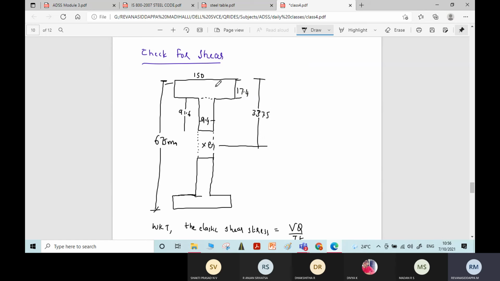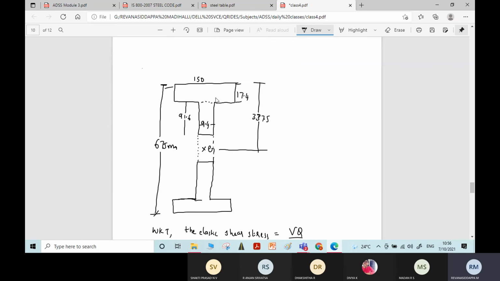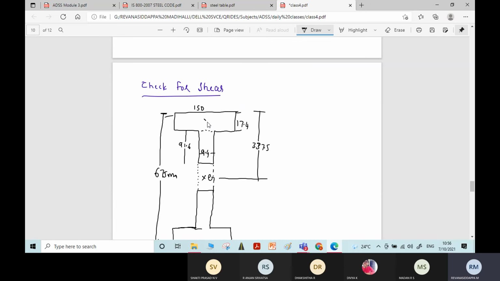First you find the moment of the area of the flange about the centroid. 150 into 17.4 is the area, and the distance of the centroid of the flange from the centroid of the whole figure. How much will it be?